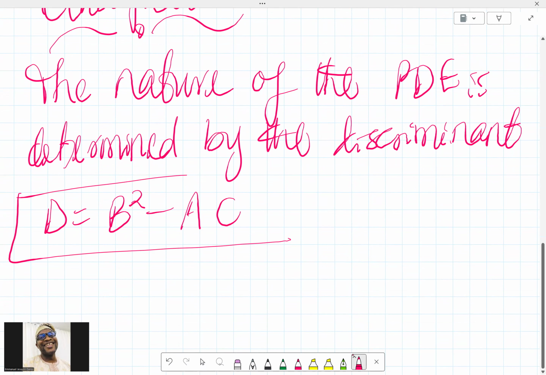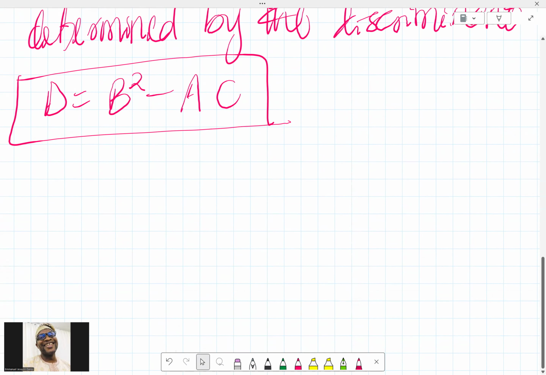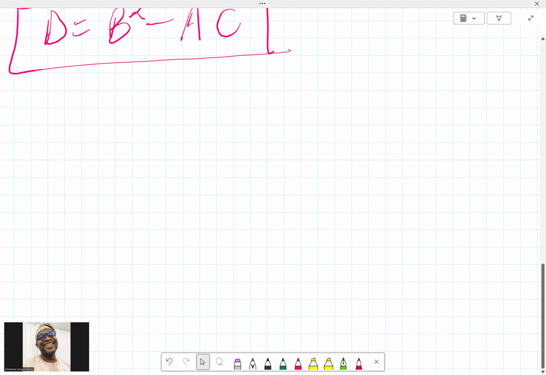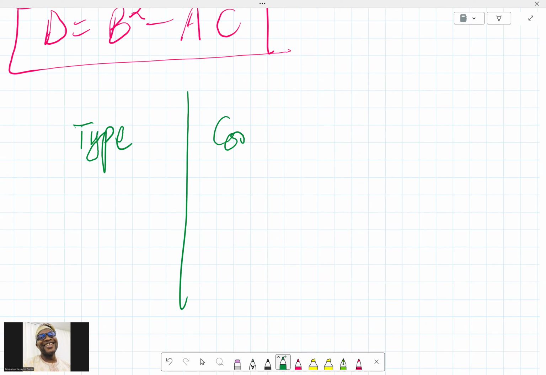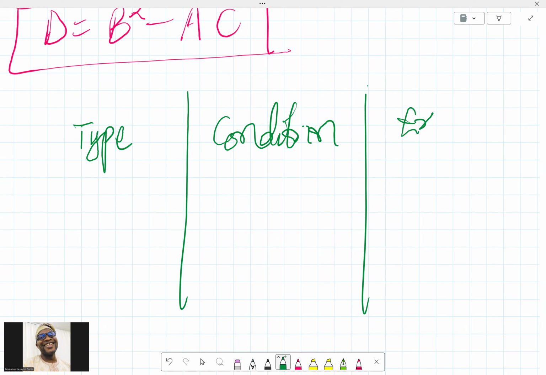This is crucial. We've done something about this in the second video, I think, so revisiting it is not a bad idea at all. So we have this now. Let's look at type: what is the condition based on that D? And then we can have examples.